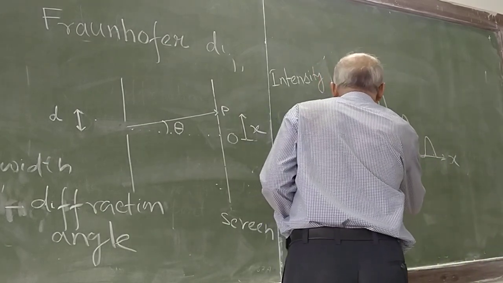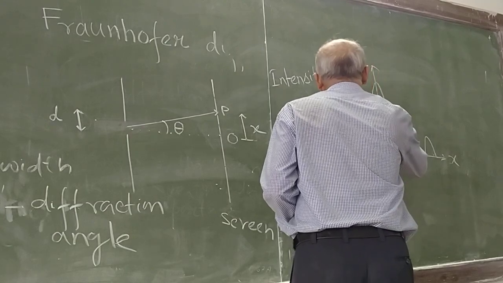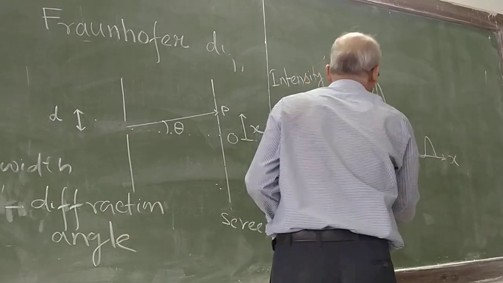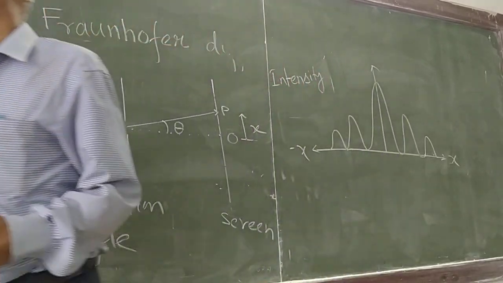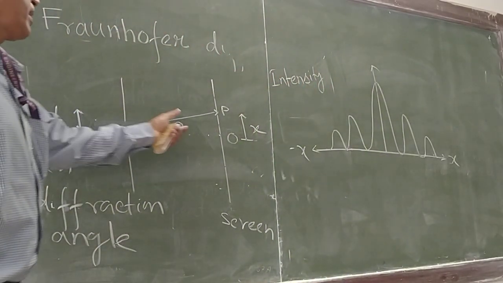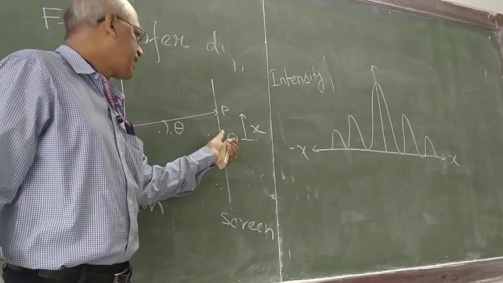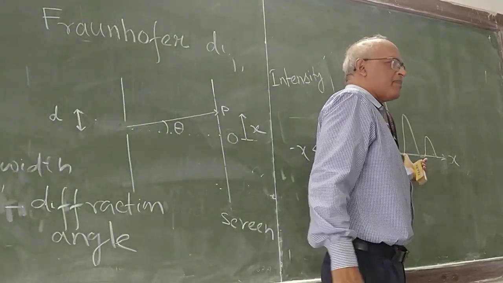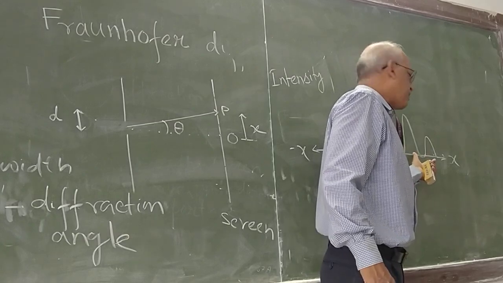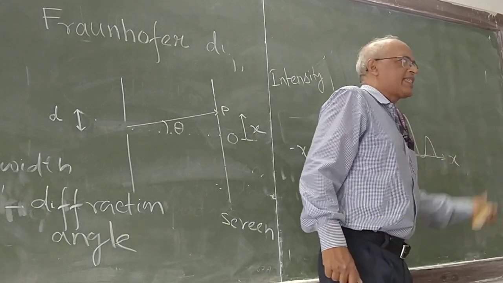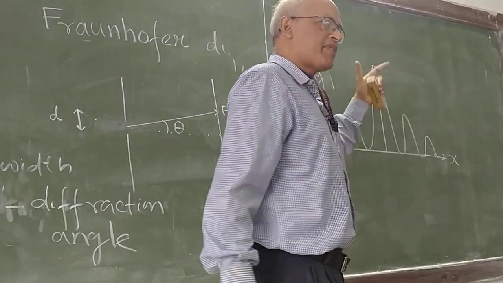Similarly here, at the center, the undiffracted beam, you get maximum intensity. Then as you move, you get a minimum, then a maximum, then another maximum. If you search along the x-axis, you will get these types of intensity.